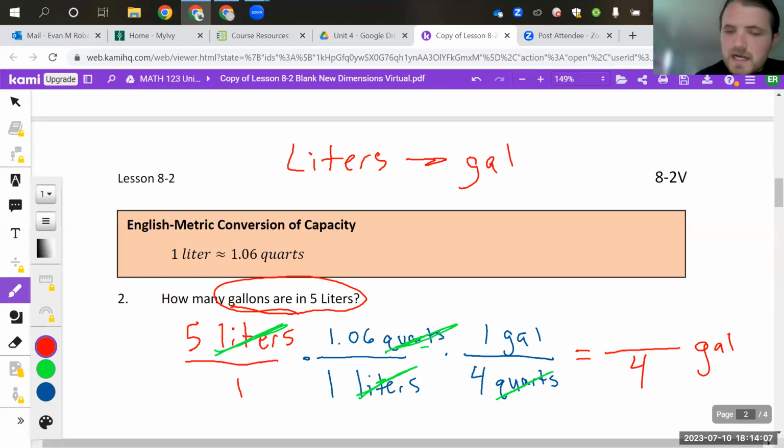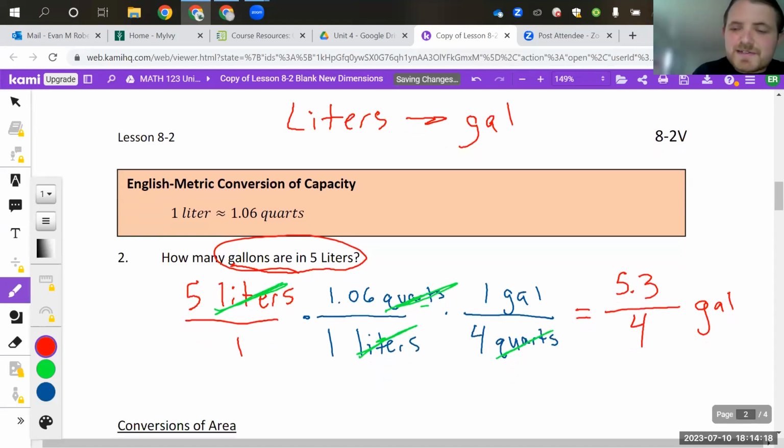And then when I multiply 1.06 times 5, I get 5.3. So to actually get my final answer in gallons, I'll divide 5.3 by 4, and I get 1.325 gallons. Okay. So if we had to answer the question, there are 1.325 gallons in 5 liters.